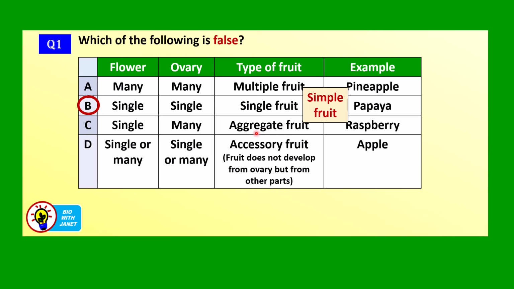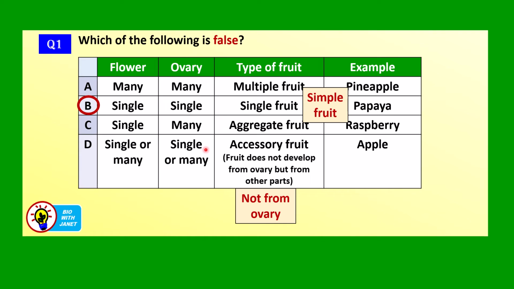Now, thirdly, an aggregate fruit develops from many ovaries found in a single flower. That is correct. The example is raspberry, so it's correct. Fourthly, an accessory fruit is a fruit that does not develop from the ovary but from other parts near the ovary or in the flower.